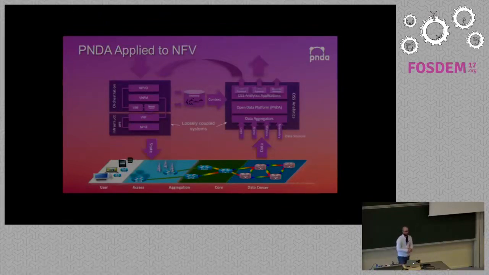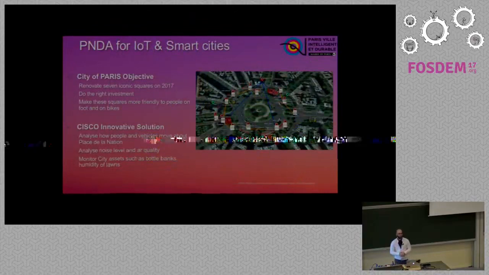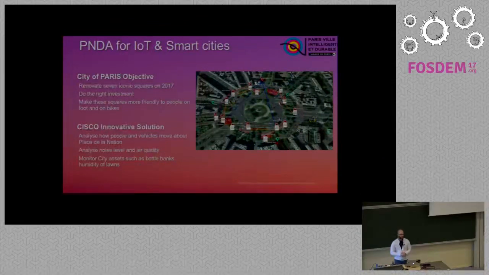So the first use cases built on top of that were the service analysis and the service impact analysis. And we've done also with MoveSoft, so we integrated MoveSoft in order to provide some fault tolerance on top of an infrastructure. We also apply Panda for IoT and smart cities, for example. This is what we've done so far in Paris.